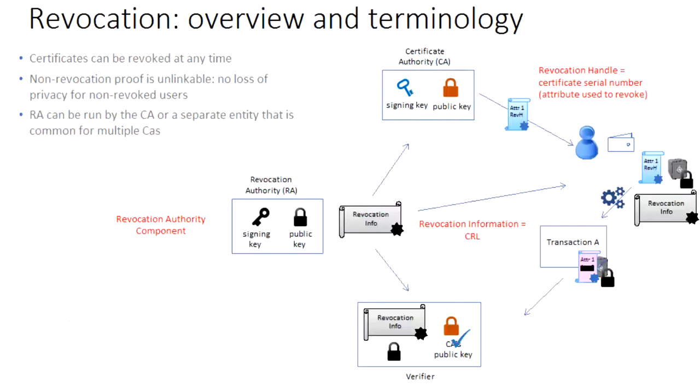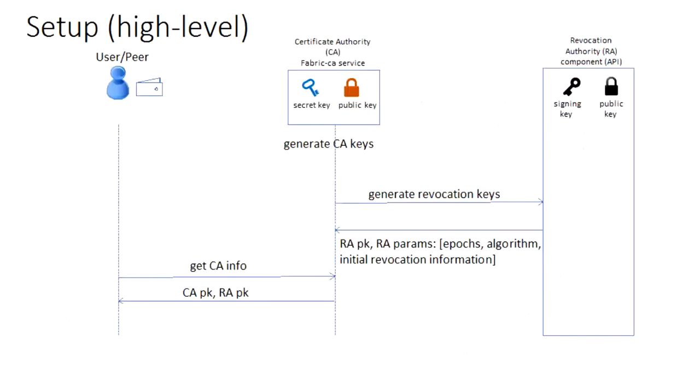That's why we call it just revocation information. And the revocation authority component is just introduced. So now, Anil, if you go to the next slide, this is your part, the details. I hand over to Anil now, unless there are any questions so far.